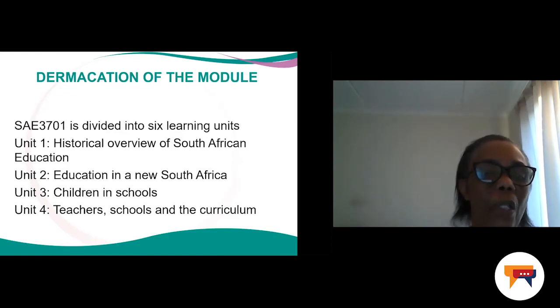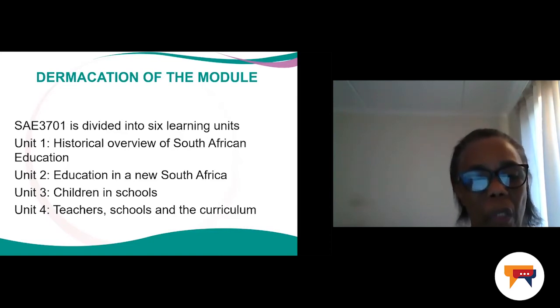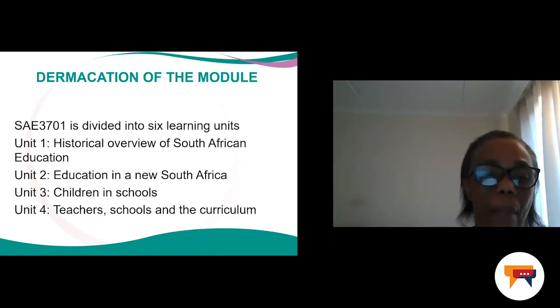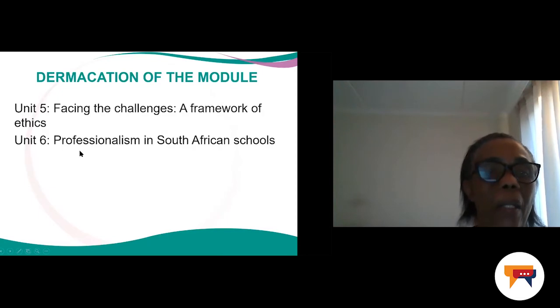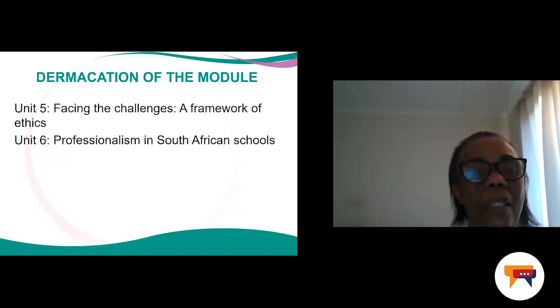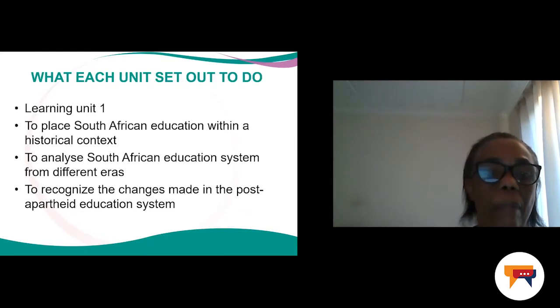Unit 3 talks about children in schools. Unit 4 is about teachers, schools, and the curriculum. Unit 5 deals with facing the challenges, a framework of ethics. And Unit 6 talks about professionalism in teachers in South African schools.